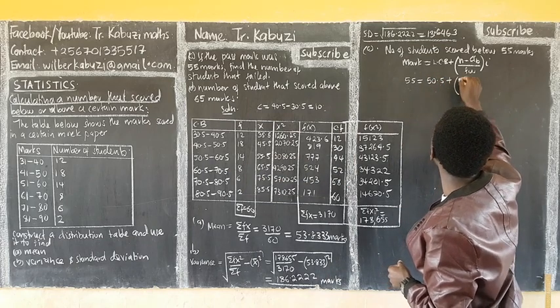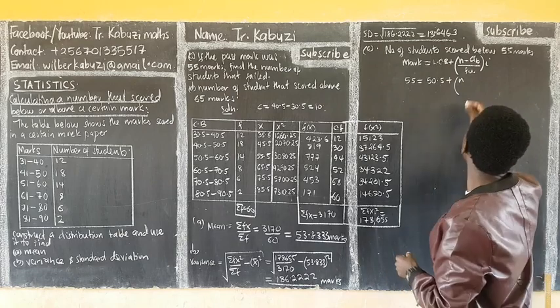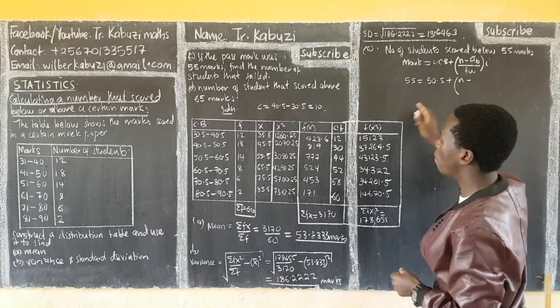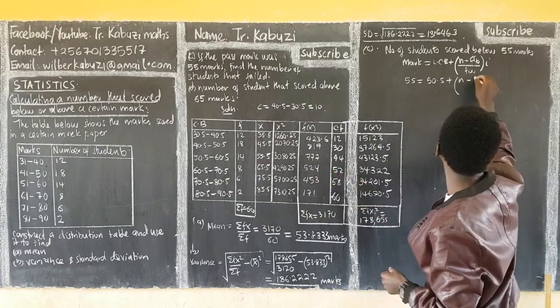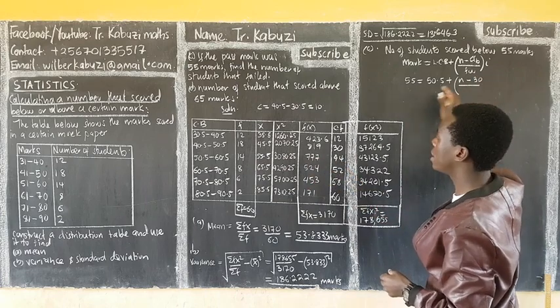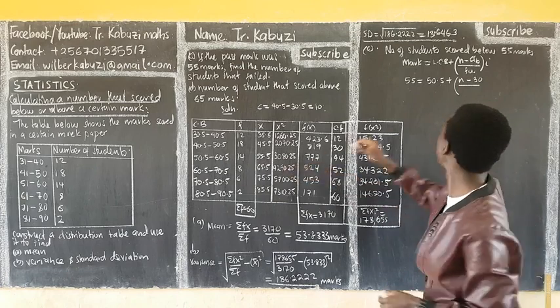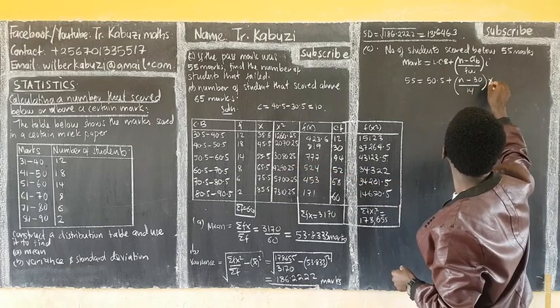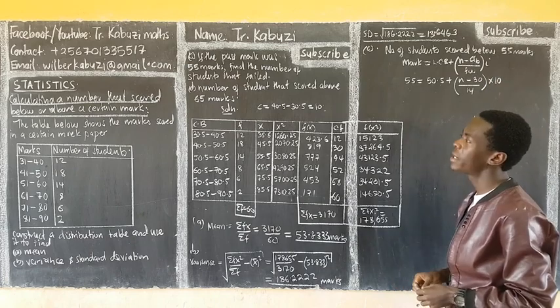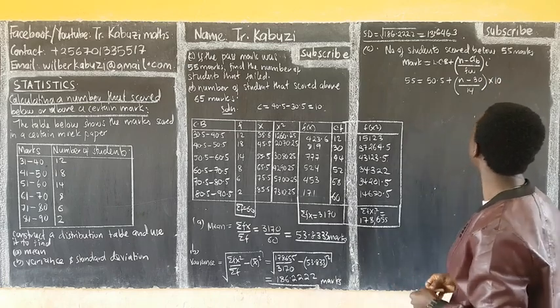Then plus the number we are looking for, then minus the cumulative frequency before this. The cumulative frequency before is 30, over the frequency within, which is 14, then times the class interval, which is that.